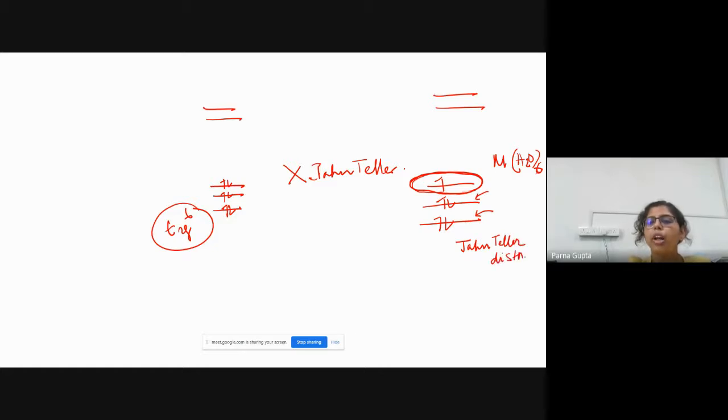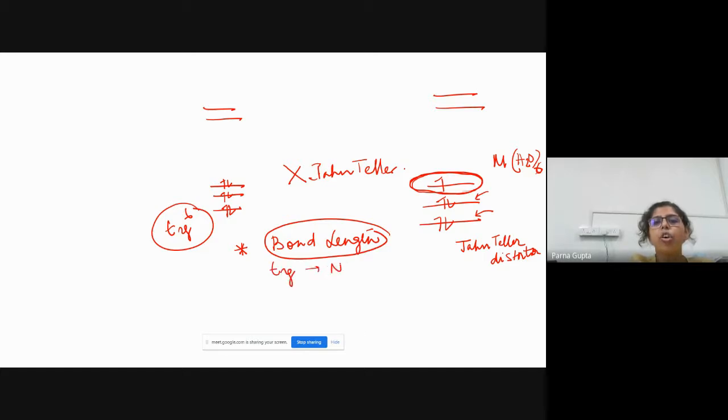Now, what I told you first, that if you are thinking of changing bond length, then if it is in t2g, as it is non-bonding, it does not affect too much.